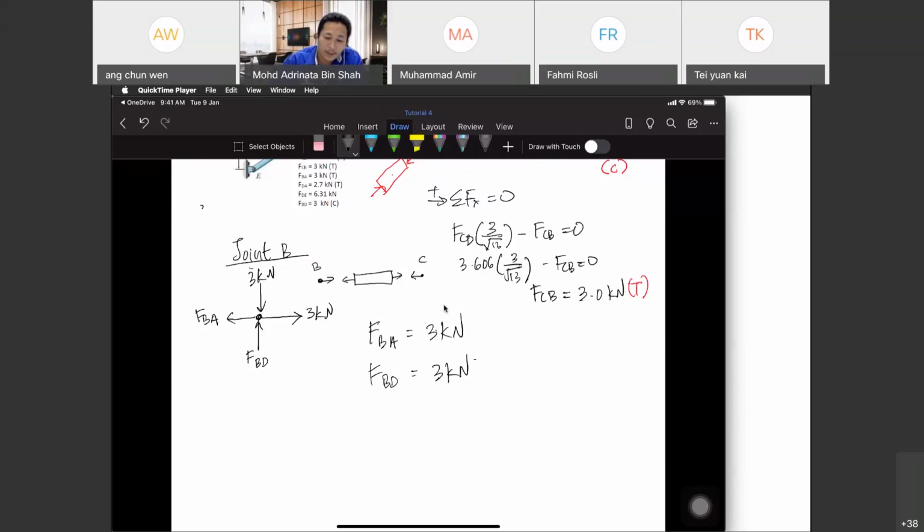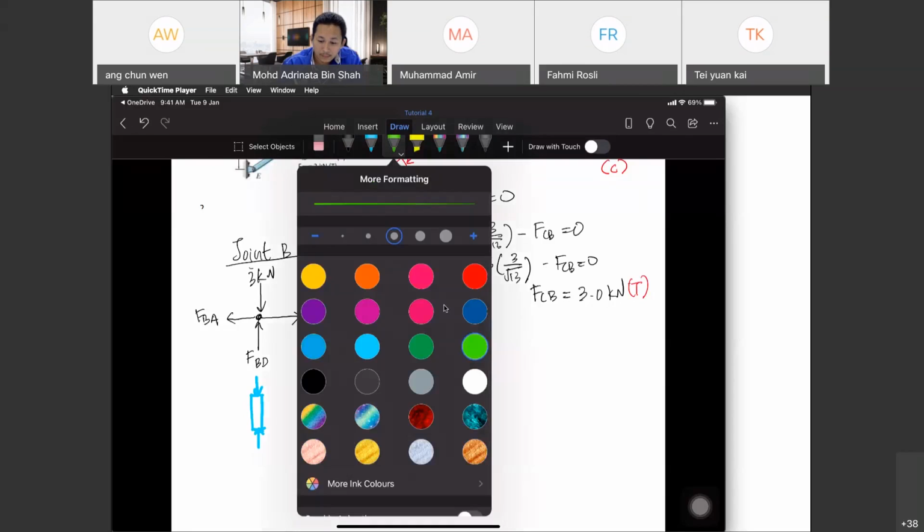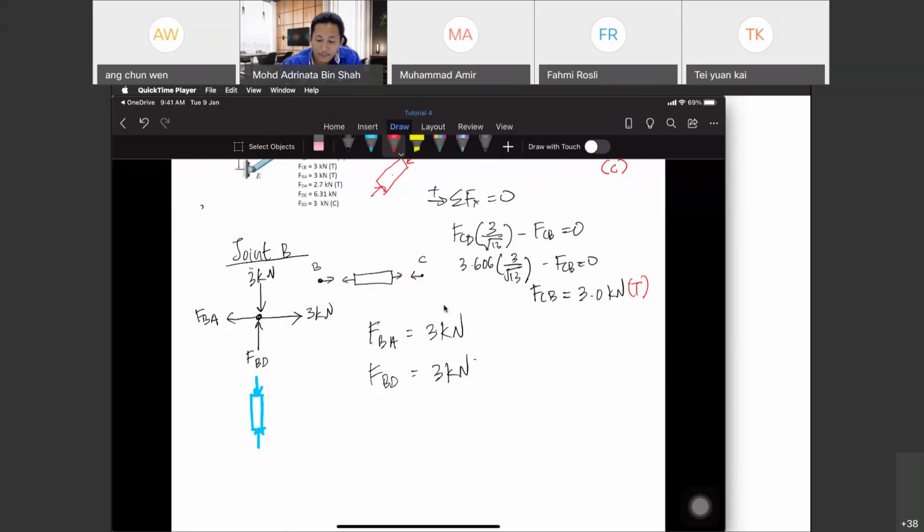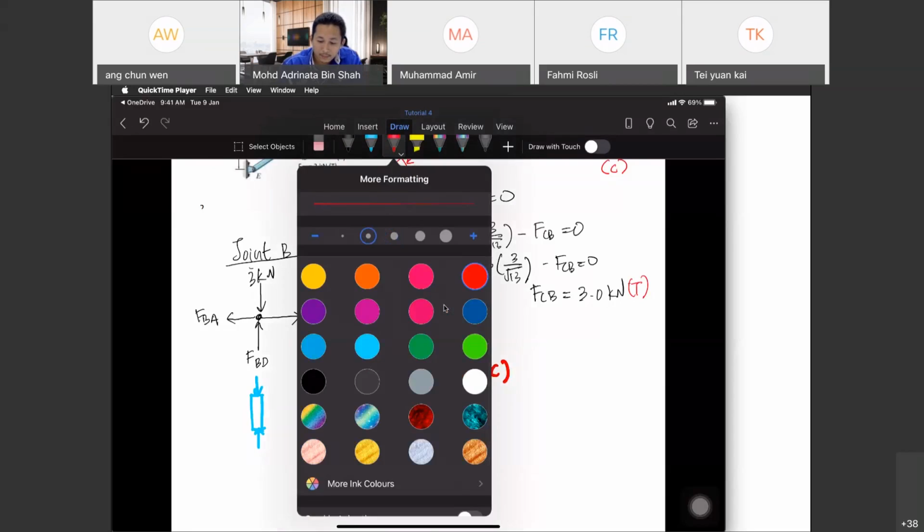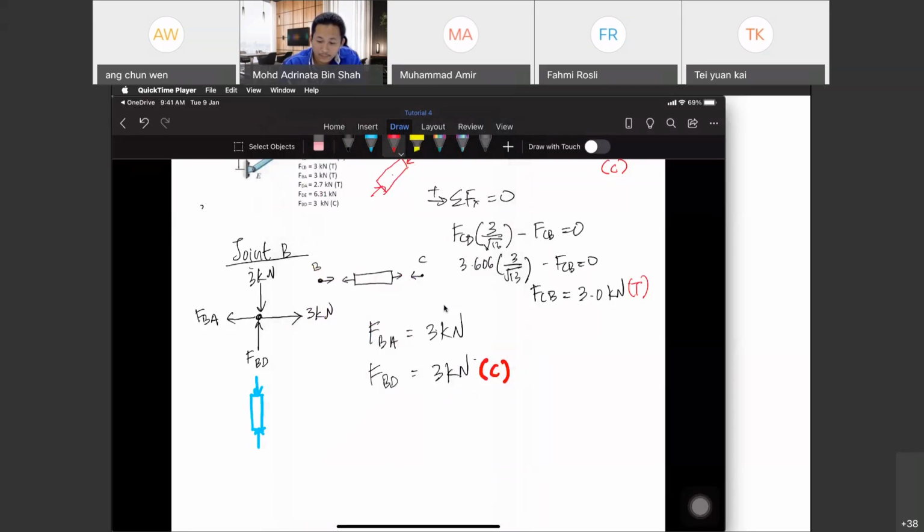FBD is in compression. FBA, if we have our beam here, FBA is in tension. Okay.